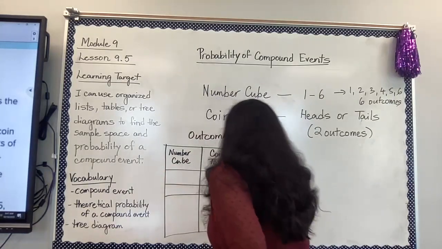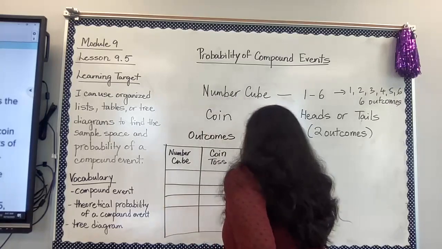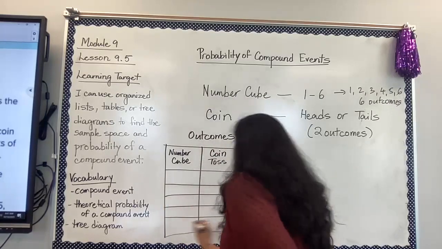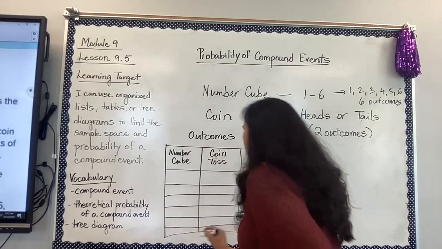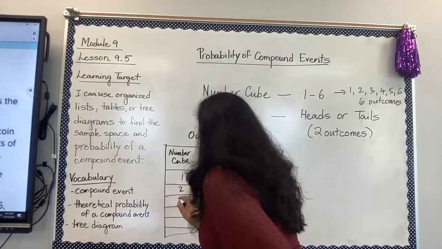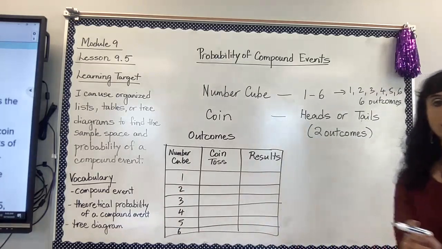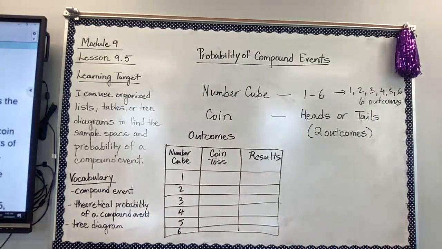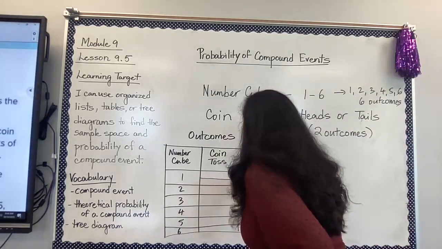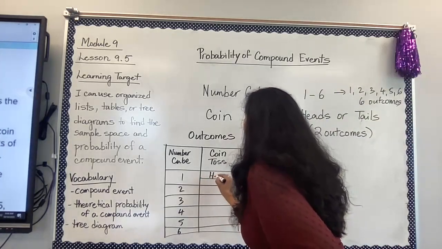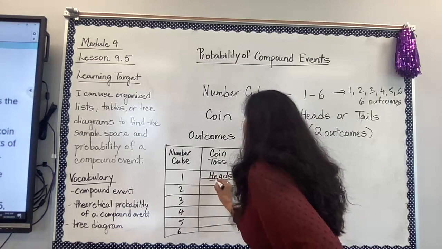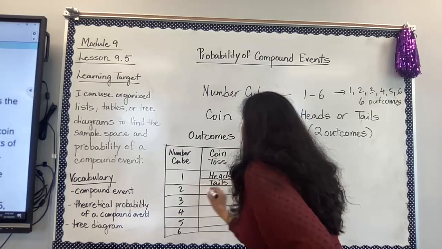Okay, so I am going to do this: 1, 2, 3, 4, 5, and 6. So this is 1, 2, 3, 4, 5, 6. Okay, and when I'm tossing a coin, what am I getting? I'm going to split this: heads or tails. Same thing here.